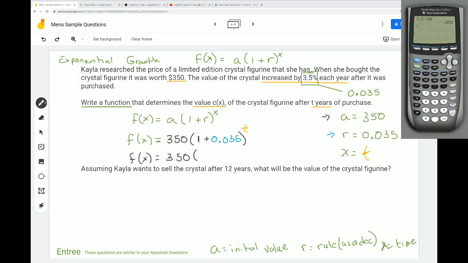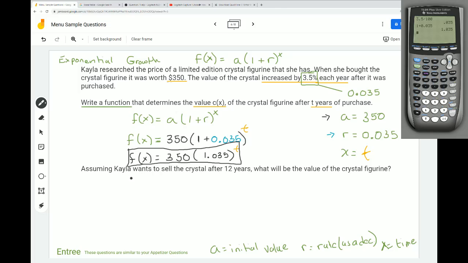So 1 plus 0.035 equals 1.035 to the t power. Now that right there is the function that represents the growth of the crystal after t amount of years.